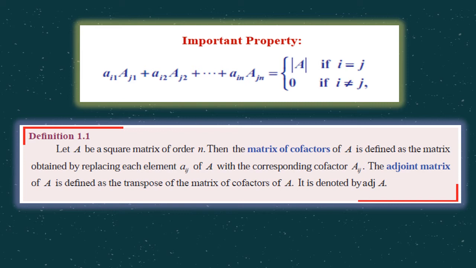The adjoint matrix of capital A is defined as the transpose of the matrix of cofactors of capital A. It is denoted by adj A. So simply remember, the cofactor of an element small aij is capital Aij. When we replace all the elements by the corresponding cofactor elements, then we will get a cofactor matrix. The transpose of the cofactor matrix is called the adjoint matrix. Okay.